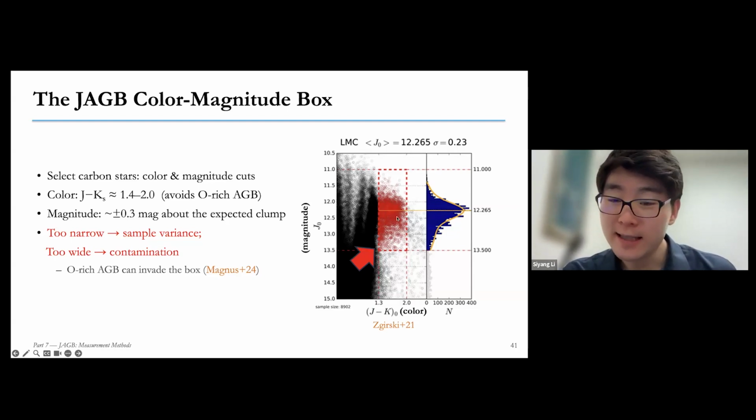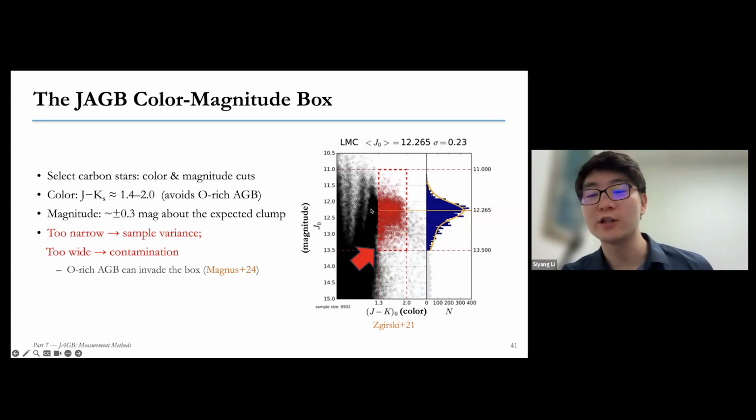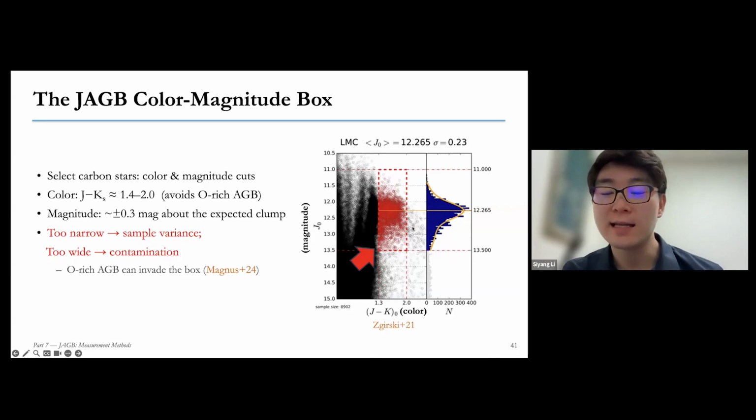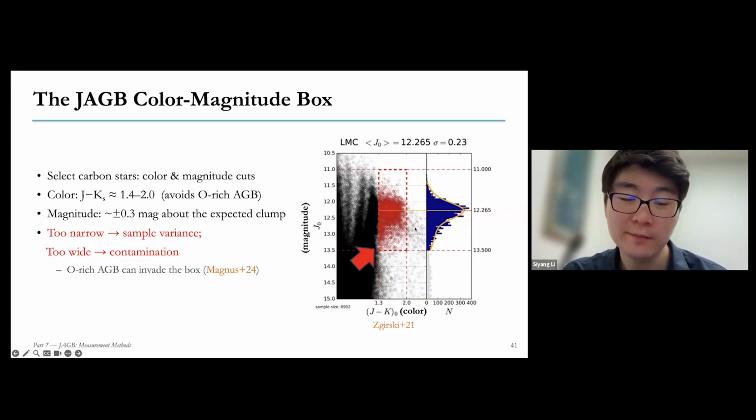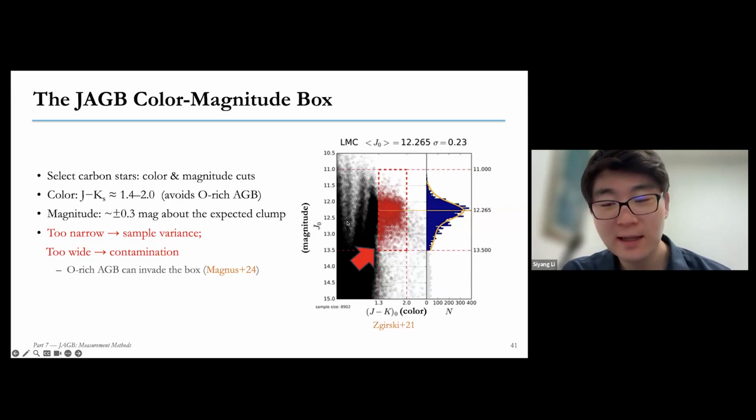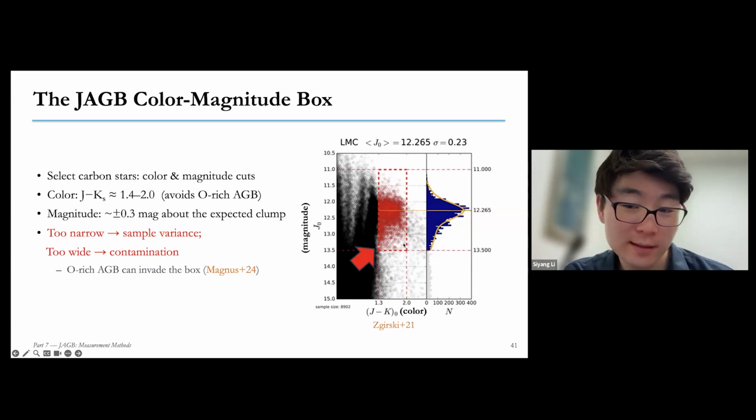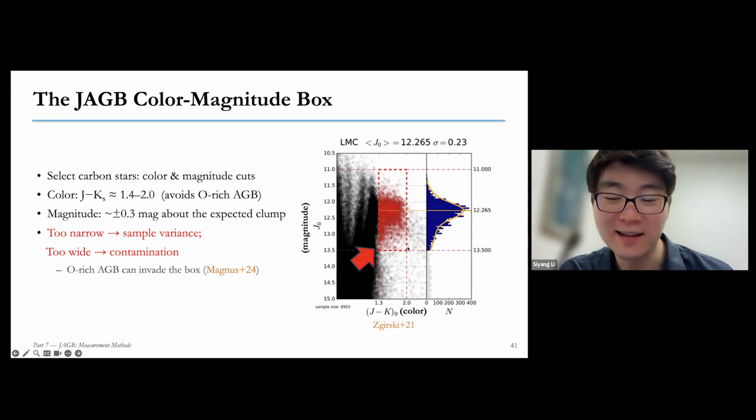And the idea here is that you select them to differentiate them from these other types of stars, such as the oxygen-rich AGB stars on the left, and these extreme, very dusty carbon stars on the right-hand side right here. But something to keep in mind is that even though conceptually the selection process is very simple, it's not necessarily very robust, because as you can imagine, there might be a little leeway in where you construct these cuts.